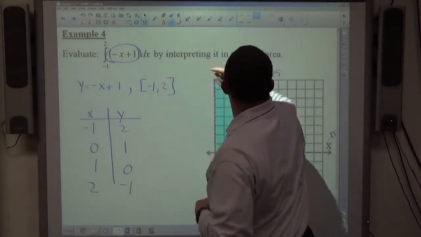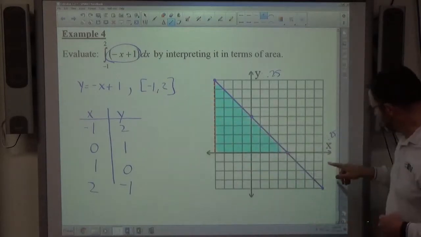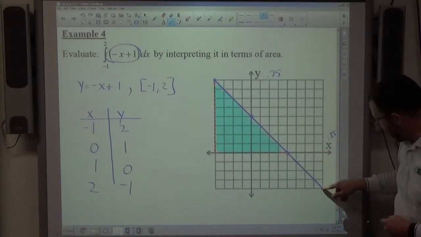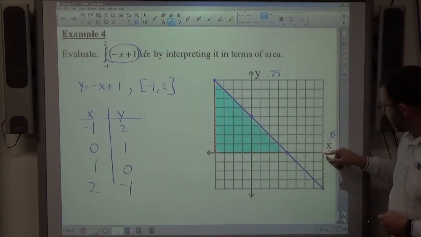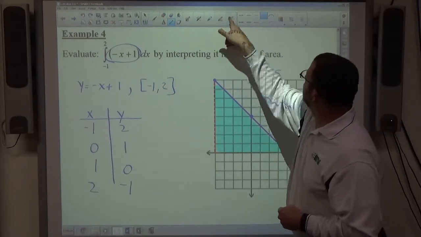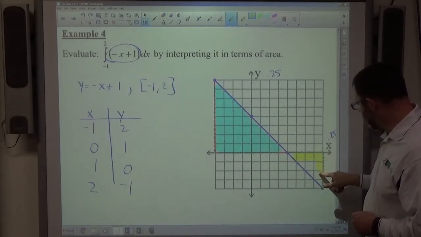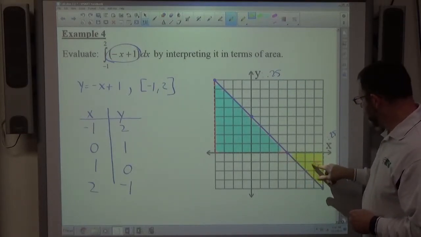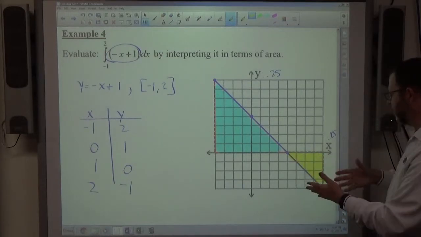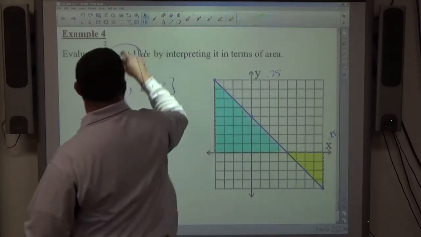Similarly, over here, the end part of my interval is positive 2, so I want to go from my graph to the x-axis, and then go from the x-axis along there, like so. This part is also part of the interval that we're dealing with, and it also creates a triangle which is underneath the x-axis, so its area will end up being negative. So we're trying to evaluate this integral.